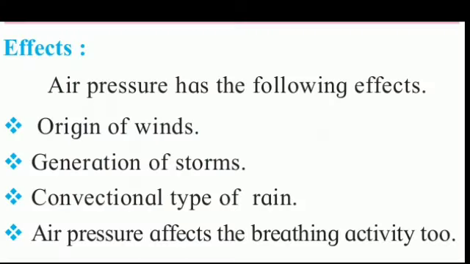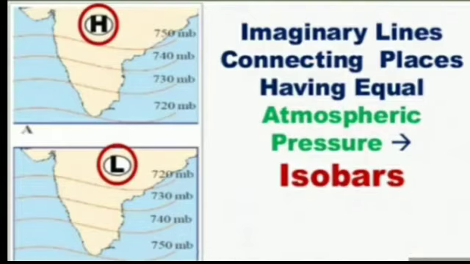Next we are having the isobar. What is an isobar, student? See over here, this is a line. Can you see the line over here? This line is joining up places of equal pressure. Both the pressures are equal. So a line that joins the places of equal pressure on the map is called an isobar.